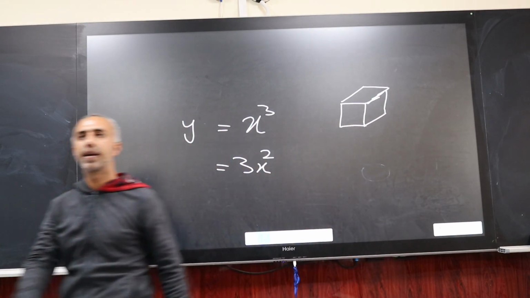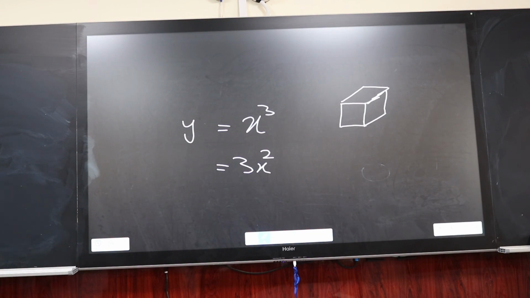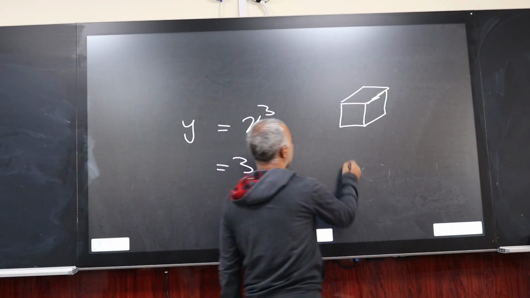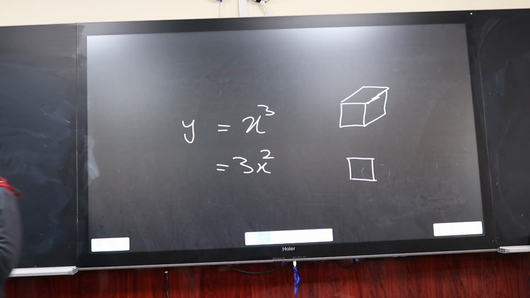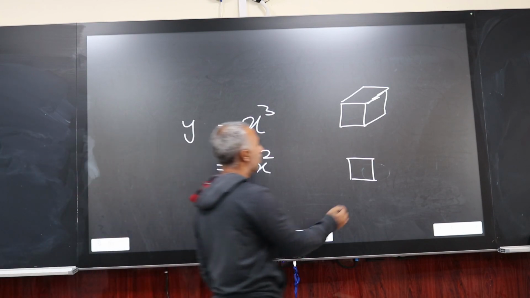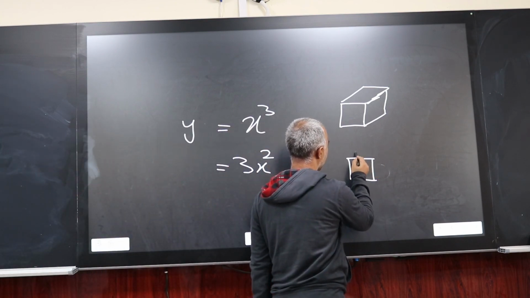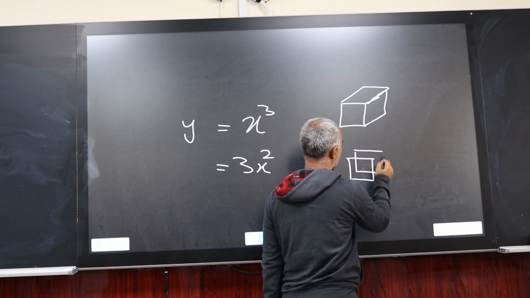Volume of a box, where all the dimensions, length, width and height, are the same. So x square is only one side. But 3x square represents what?